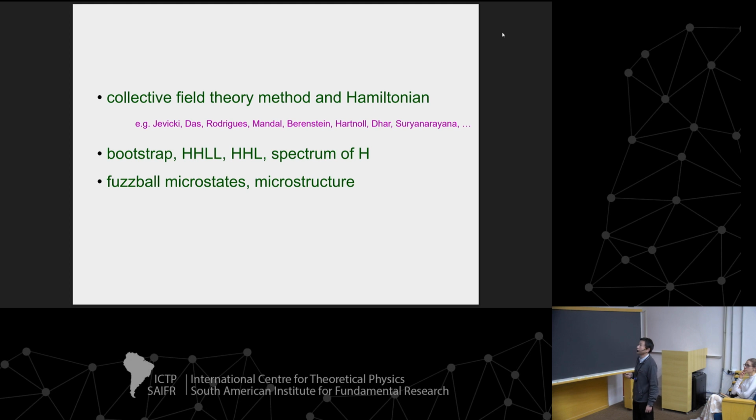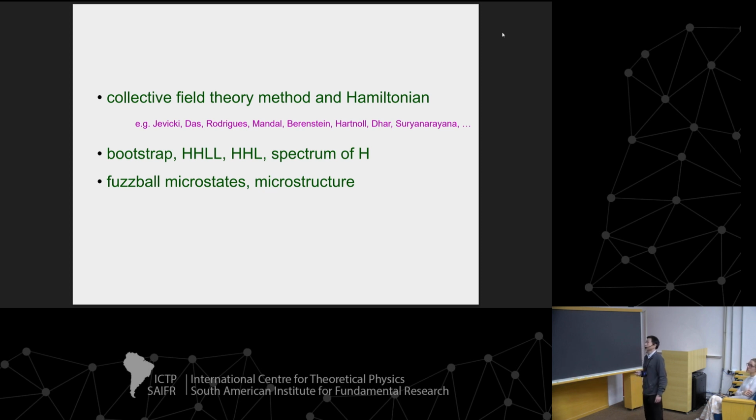It would also be interesting to understand the relation between the collective field theory method and the coherent state. The parameters in the coherent states are the collective coordinates. The bootstrap is very useful here, because one can also consider HHLL correlators and the HHL correlators and the spectrum of the H. These provide data for the bootstrap.